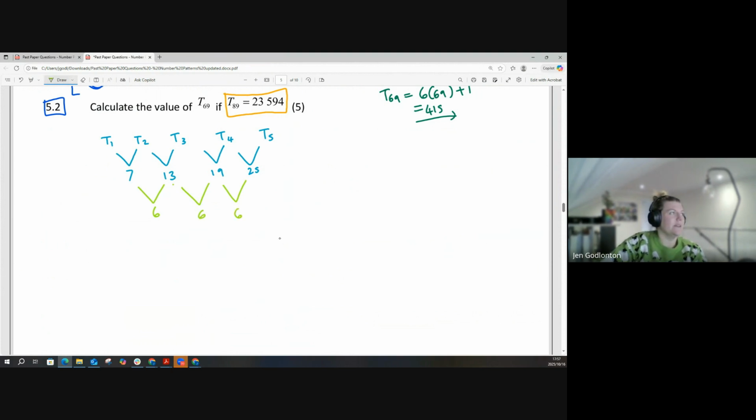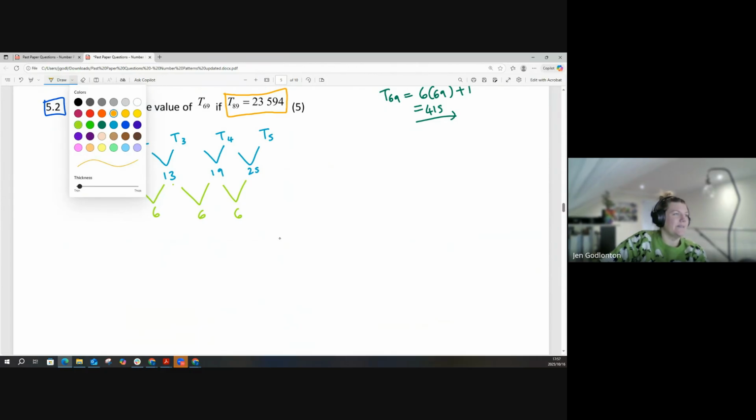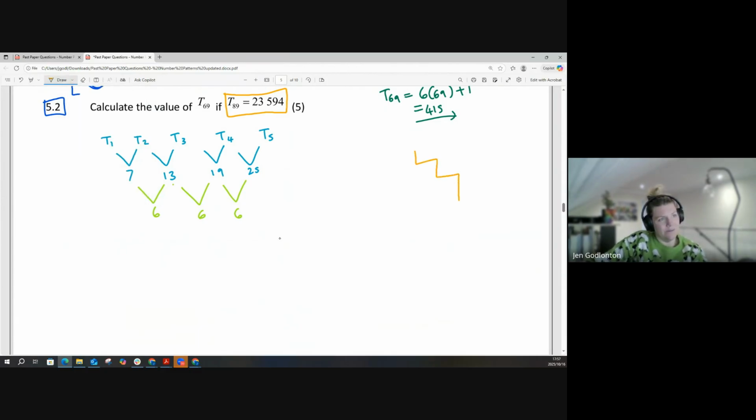Okay. So now we're going to think about our ladder. A plus B plus C, 3A plus B, and 2A. This one needs to equal 2A. This one needs to equal 3A plus B. So let's start there. So 2A is equal to 6. Therefore, A is equal to 3. Done.